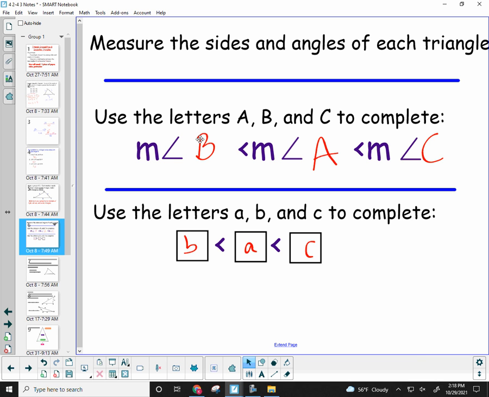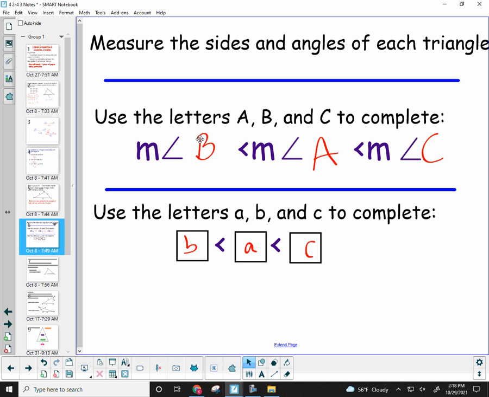All right, so what this means for us is, in a triangle, the smallest side is always opposite the smallest angle. The longest side is always opposite the largest angle. The median side will be opposite the median angle. Okay, so think about that logically. If you had a huge wide angle, you're going to need a long piece to go from end to end, right?